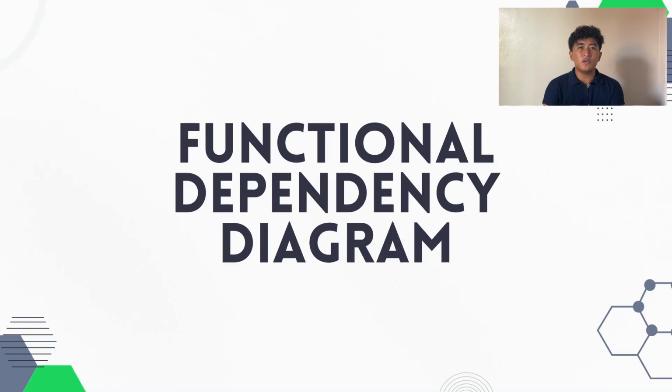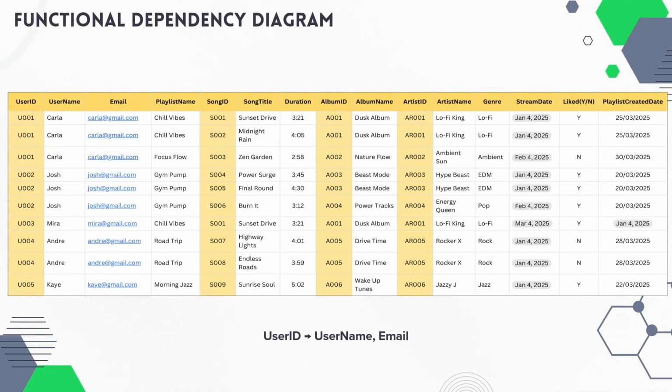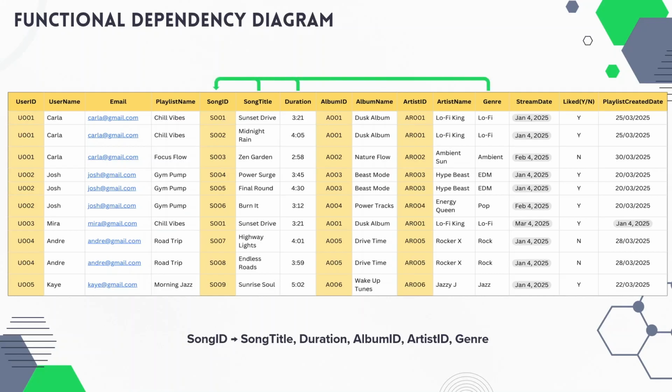Finally, let's take a look at the functional dependency diagram that represents our design. User ID determines username and email. User ID determines playlist name and playlist created date. Song ID determines song title, duration, album ID, artist ID, and genre.